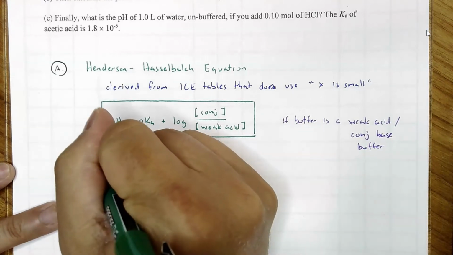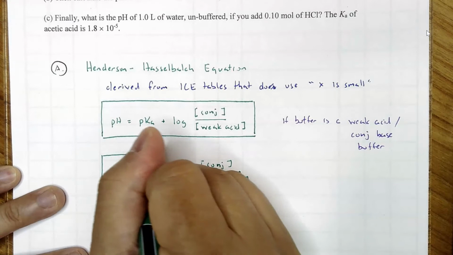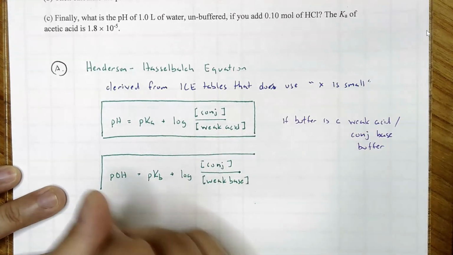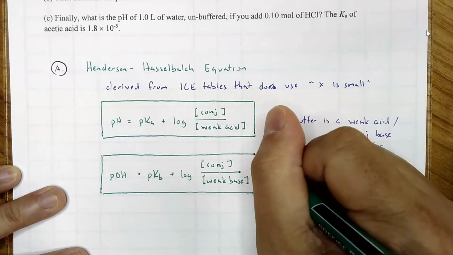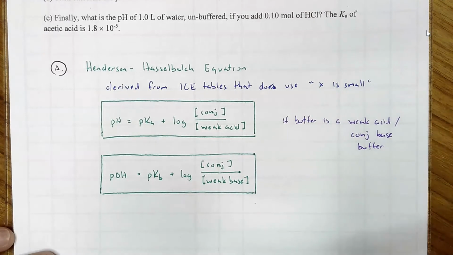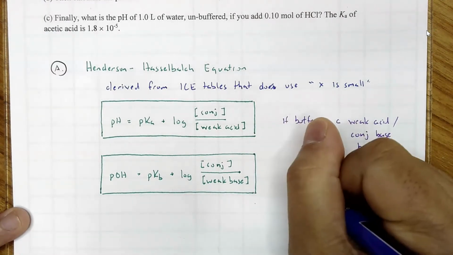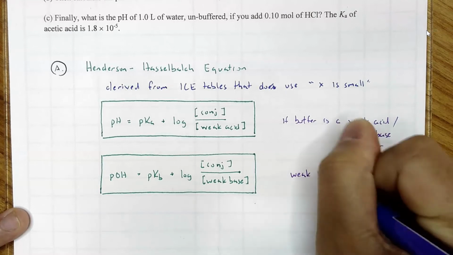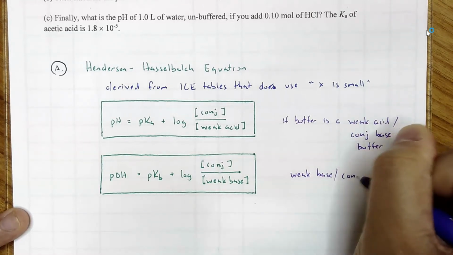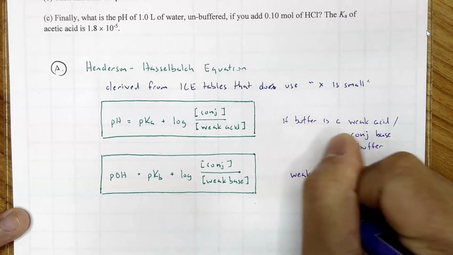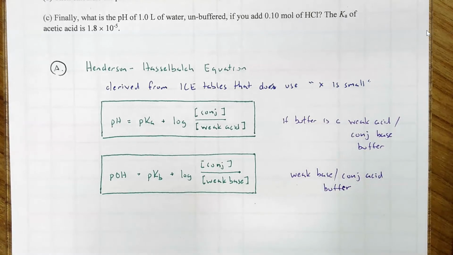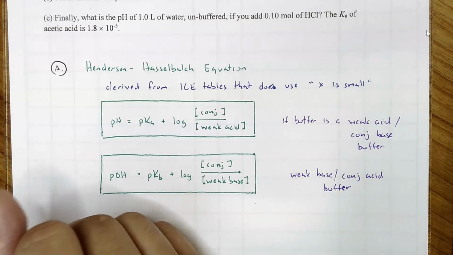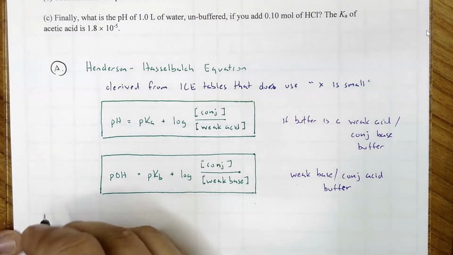And that should work if you're given a buffer made out of a weak base and its conjugate acid. A weak base/conjugate acid buffer. All right, why don't we go ahead and work on that problem? Is there anything else I want to say about this? No. Why don't we just jump into the problem?